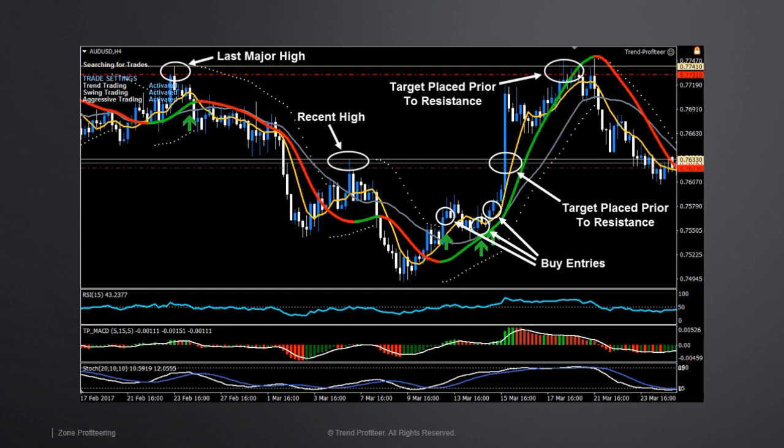And as far as targets go, it's important to place your targets prior to these levels. With sell trades, you place your targets prior to support levels. With buy trades like this one, you want to place your targets prior to resistance levels.